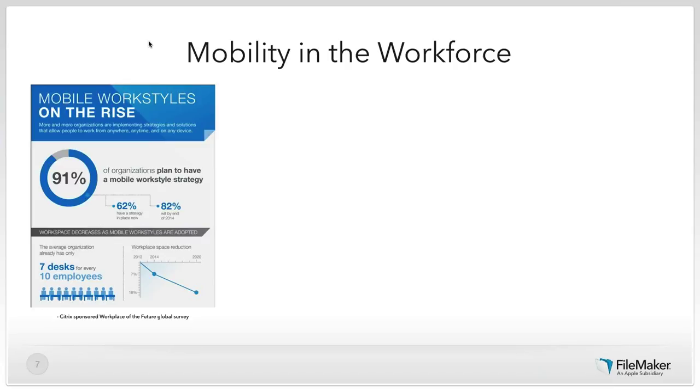Or there's scattered information, as anyone who's looked for an email for half an hour and knows it's there and can't find it. This kind of information that's vital to a business process is scattered in different devices or different locations. Or you've got some kind of rigid technology using devices or computers that just don't talk to other devices or computers, and your systems aren't talking to each other.